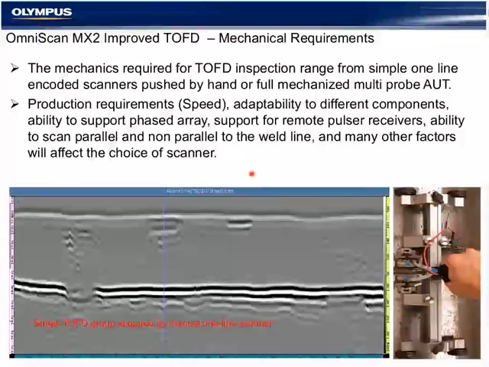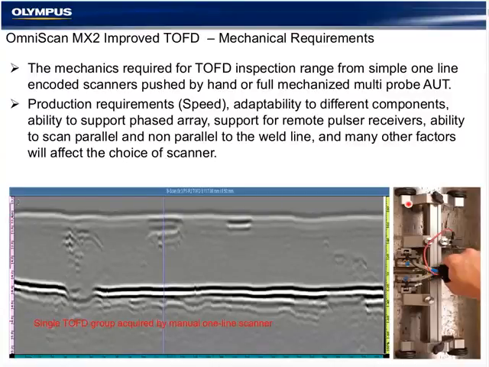The mechanical requirements for TOFD are also very simple. It's for a one-line encoded scanner pushed by hand, or full mechanized multi-probe UT. The scanner must hold the probes steady and stable in relationship to the weld and be able to roll smoothly.